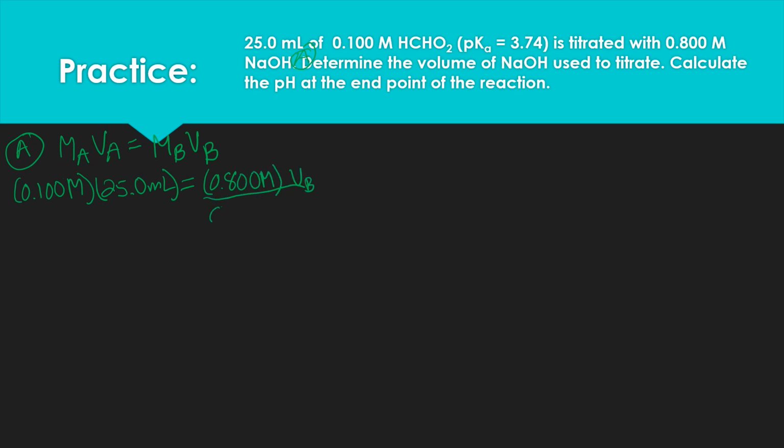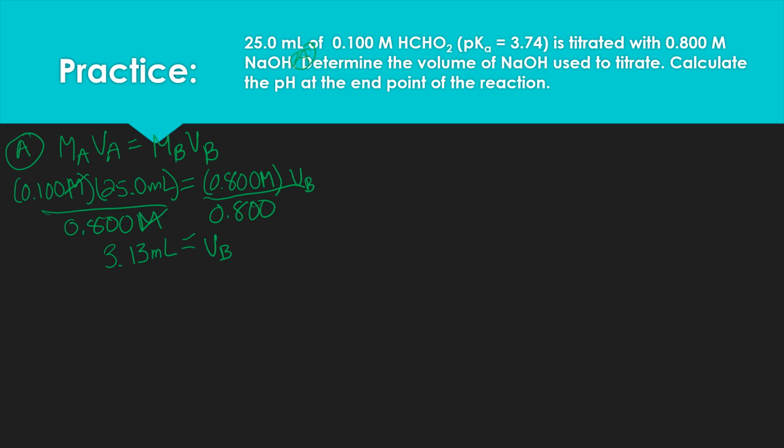We divide by our 0.8 on both sides. Molarities cancel, and our volume of base, when we calculate, should give you 3.13 milliliters.